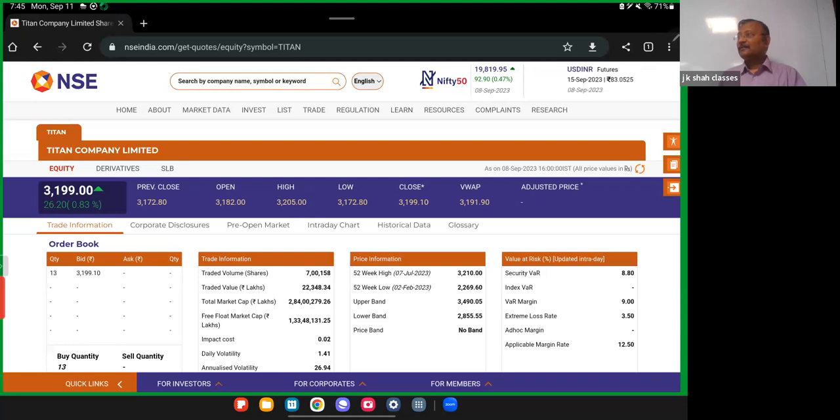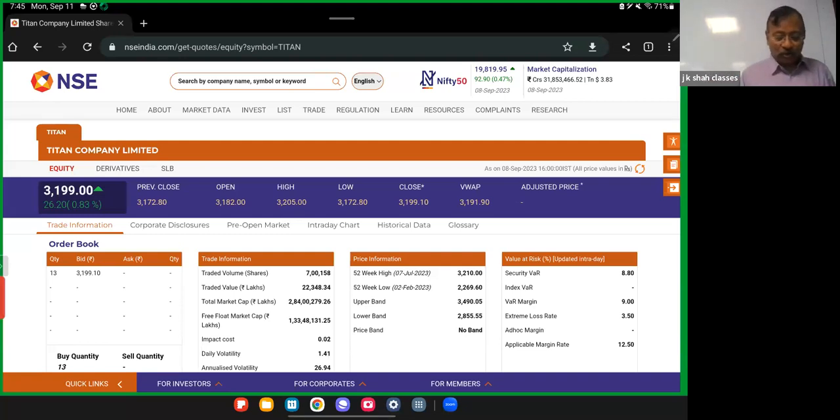This equity is the cash screen. Derivatives is the F&O screen, futures and options. Then there is SLBM, which is the stock lending borrowing mechanism. We'll come to that. Now, this 3199 which you are seeing below equity is the spot price under equity.